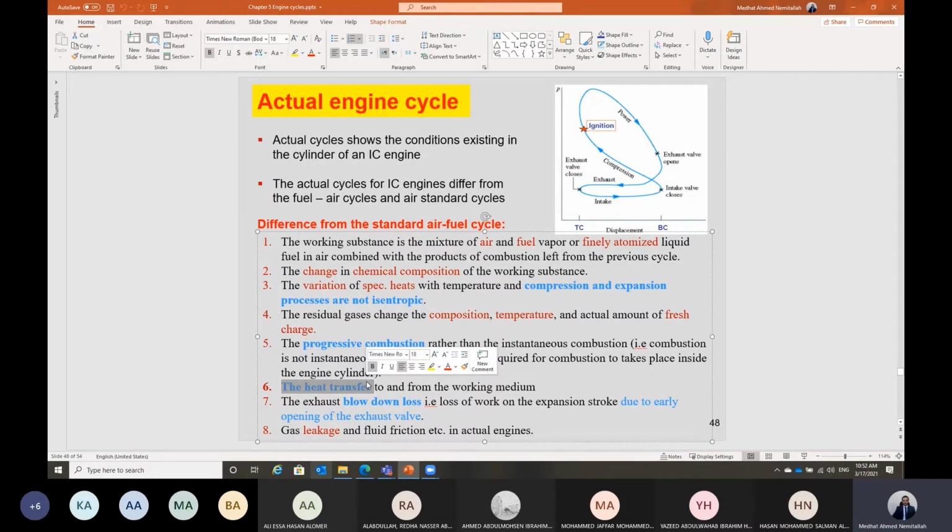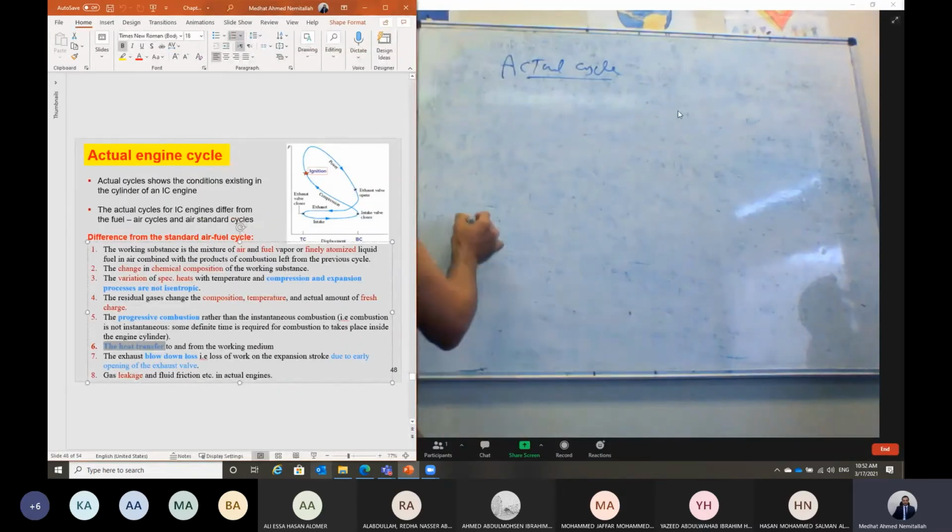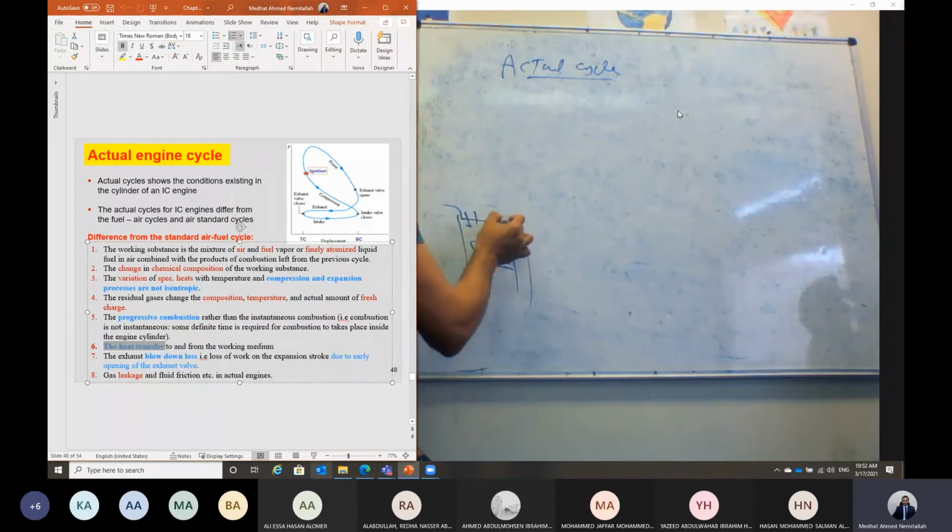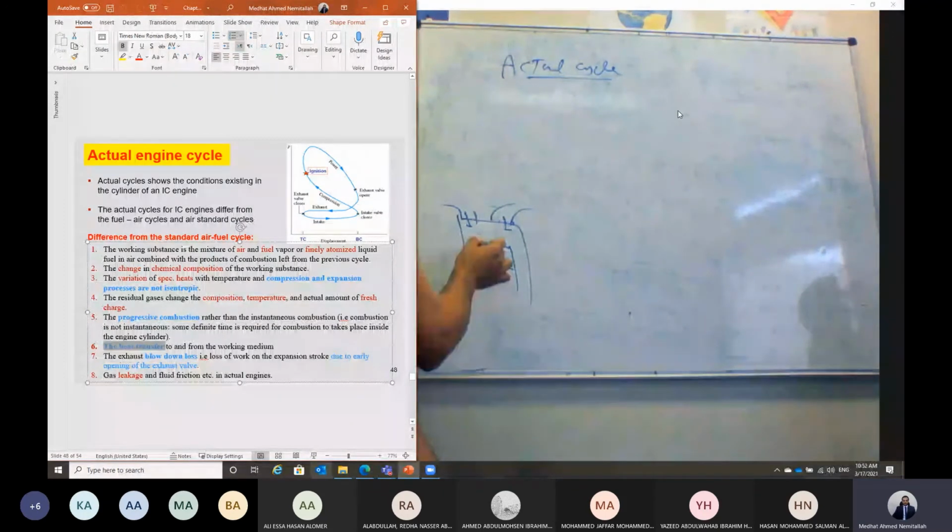But in the real case, we should have heat transfer significantly during the expansion stroke, during the power stroke, after the combustion process. Some of the heat will be absorbed by the cooling water, which should be surrounding the engine. So in the actual cycle, if this is the engine, and this is the intake valve, and this is the exhaust valve, once we have the combustion here, the heat will be released, and around this engine we should have cooling water.